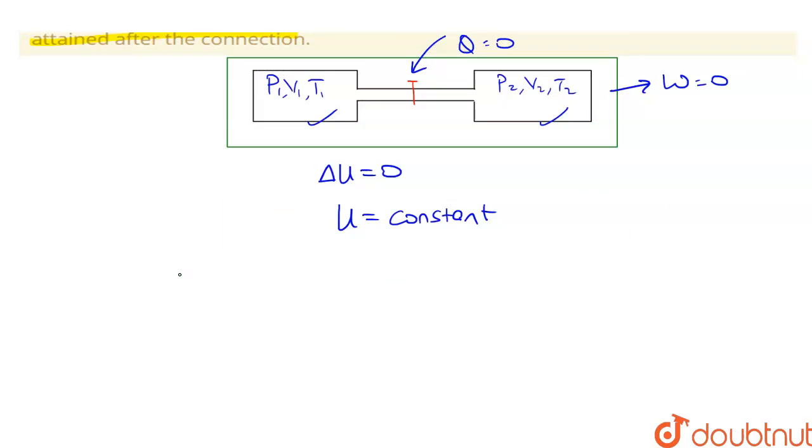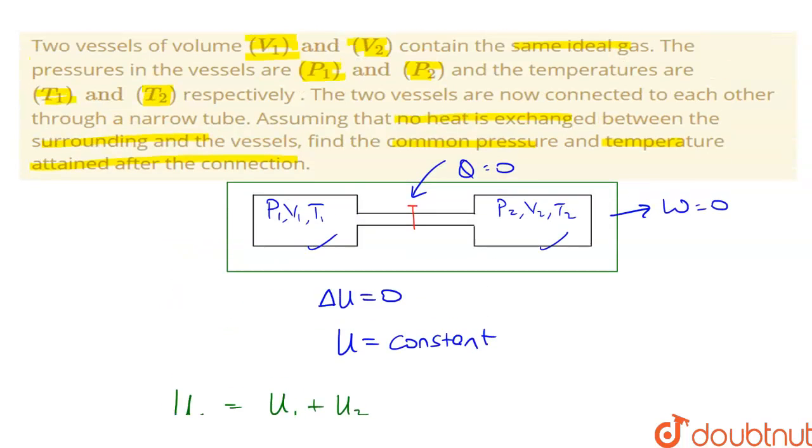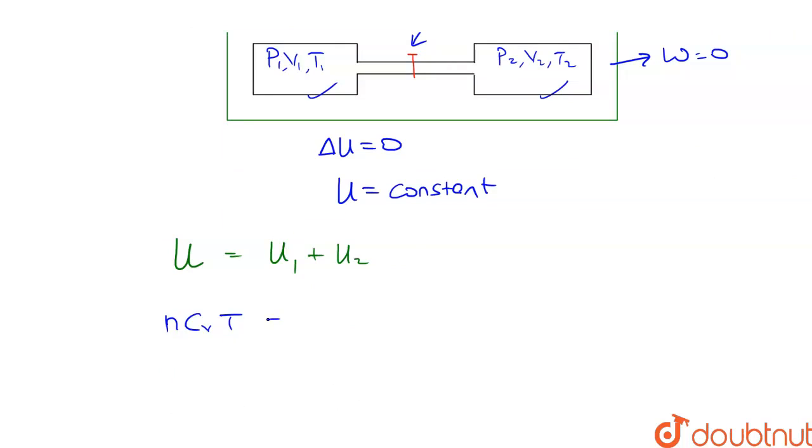Therefore, we can say that the internal energy after connection is equal to the internal energy of gas in vessel 1 plus internal energy of gas in vessel 2. So U is equal to U1 plus U2. U can be written as nCvT, where n is the total number of moles, Cv is the molar specific heat capacity, and T is the equilibrium temperature, that is the temperature after mixing has taken place, which is equal to n1 Cv1 T1 plus n2 Cv2 T2.